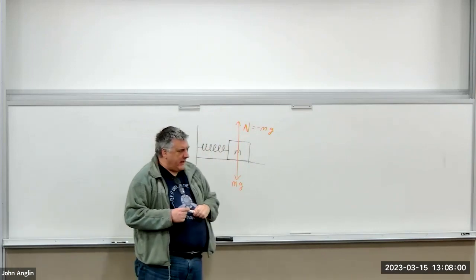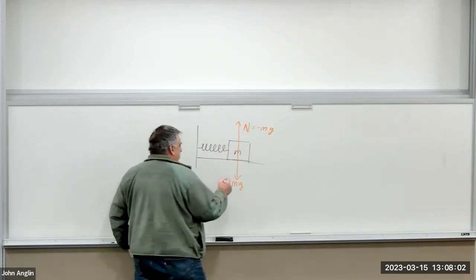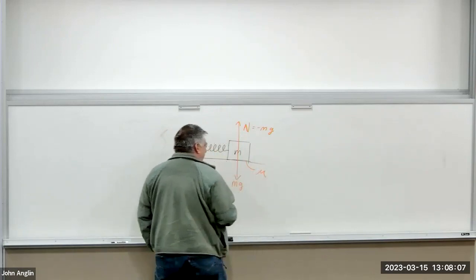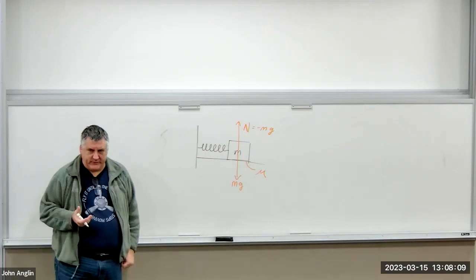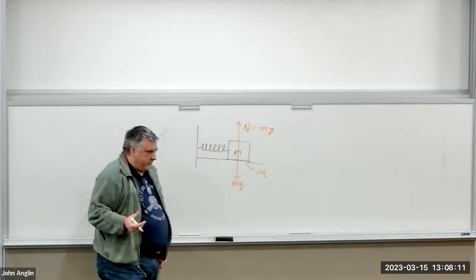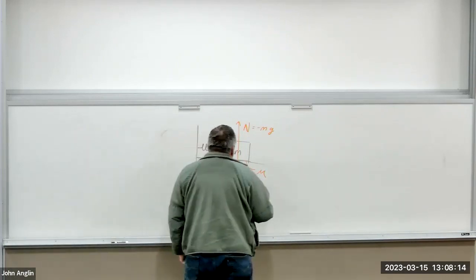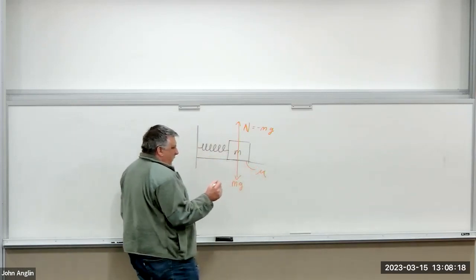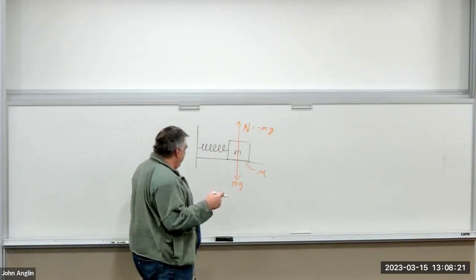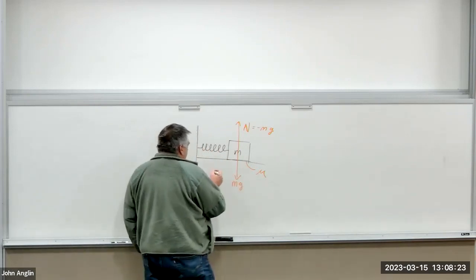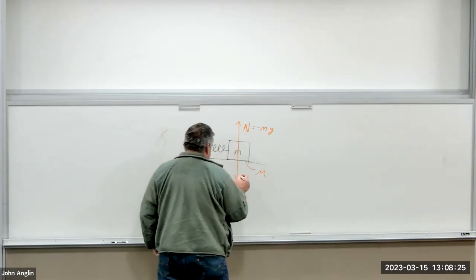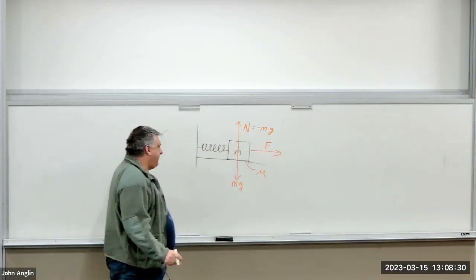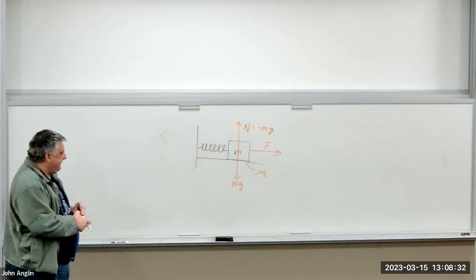We are also going to have, in between this box and the ground, some coefficient of friction. So remember mu, which means that whenever this thing moves, we're going to have to deal with a force due to friction. So let's say, for example, that we want to apply a force this way.